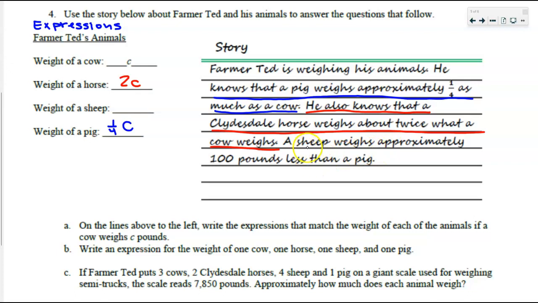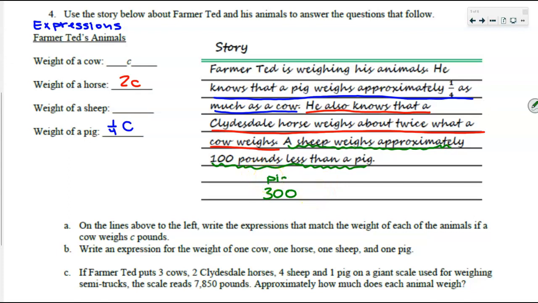This is where we struggled, so let's really put our heads together here. A sheep weighs approximately 100 pounds less than a pig. Now, let's just pause for a second. Let's pretend I know a pig weighs 300 pounds. Not 3,000, sorry. A pig weighs 300 pounds.